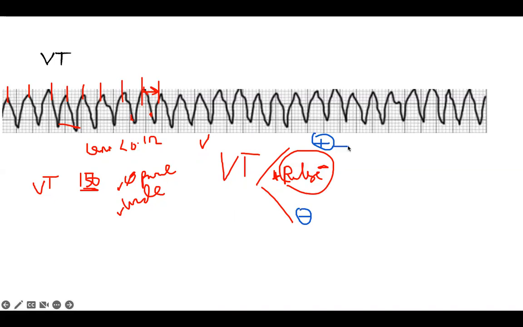If they have a pulse, oh, good job. If they have a pulse, we have a different pathway. So let's do no pulse. VTach without a pulse is equal to what? Ventricular fibrillation. And what does that mean?